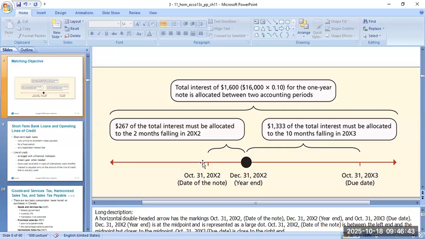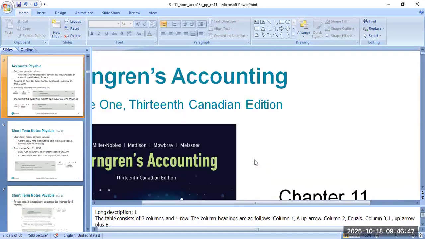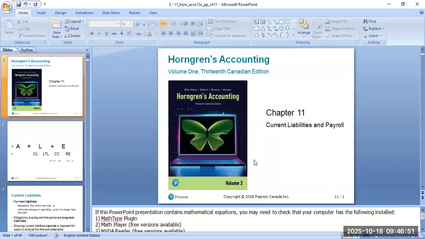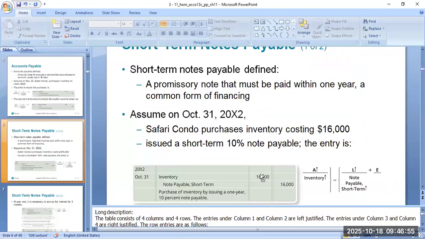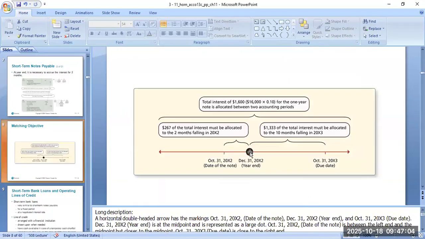The answer is yes, we do owe money. In this case, we owe exactly $16,000, which is the note payable. So on our balance sheet on December 31st, we're going to have a note payable for $16,000.